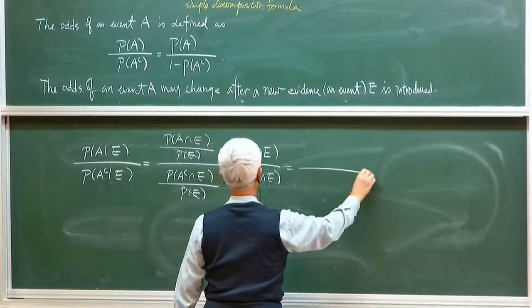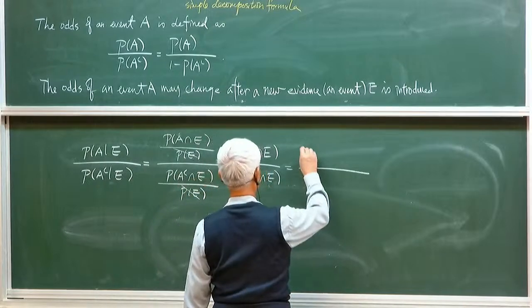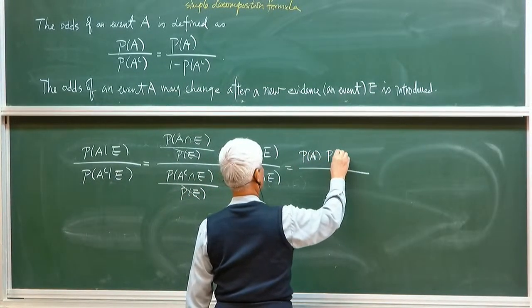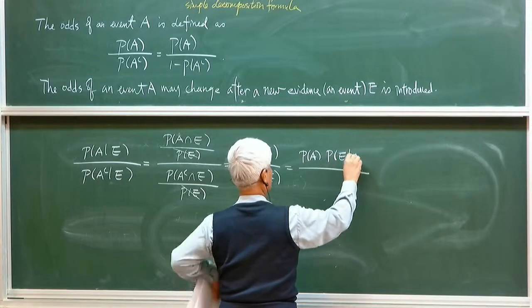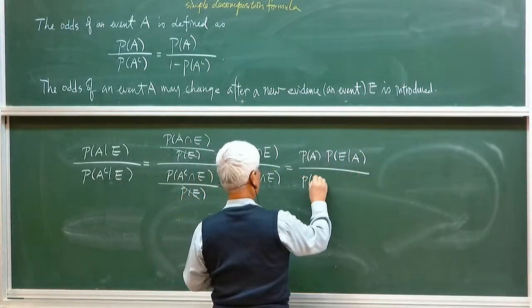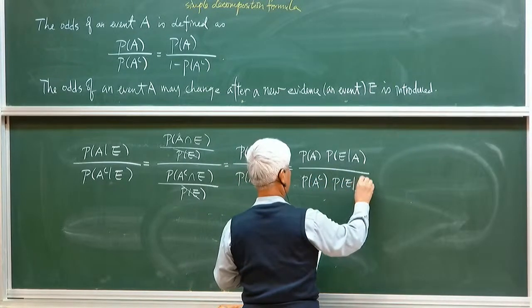Now by the multiplication rule, we have P of A and P of E given A, over P of A complement and the probability of E given A complement.